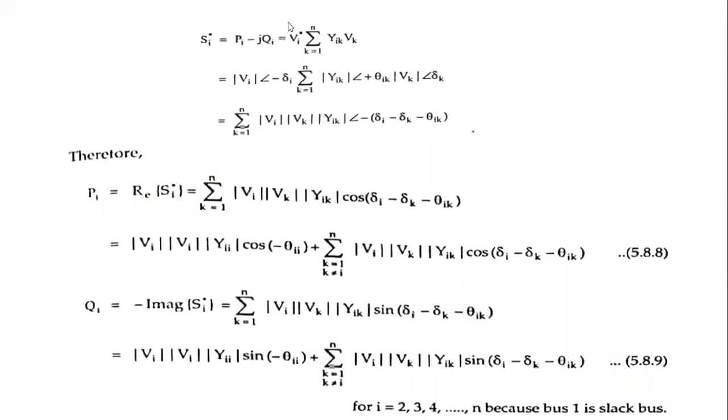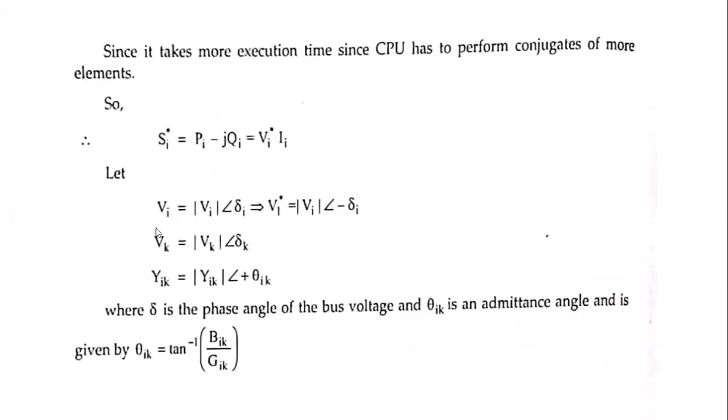Substitute. Si equal to Pi minus jQi, that is equal to Vi conjugate into Ii, where Ii equals sigma k equal to 1 to n Yik Vk. Vi conjugate is equal to Vi at an angle of minus delta i.